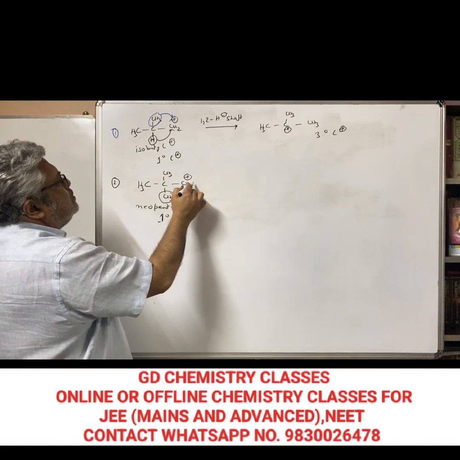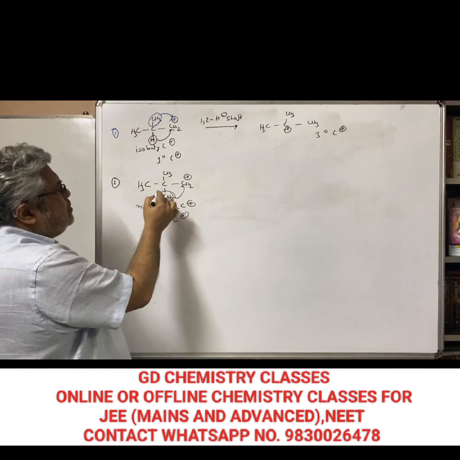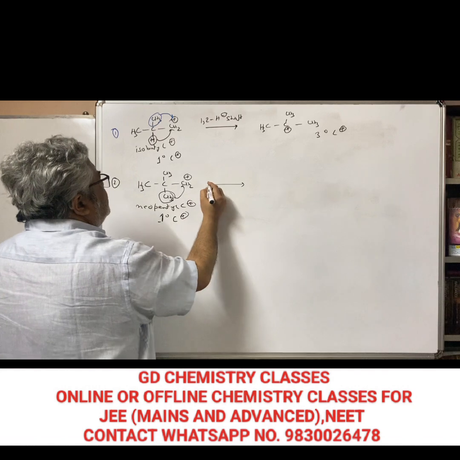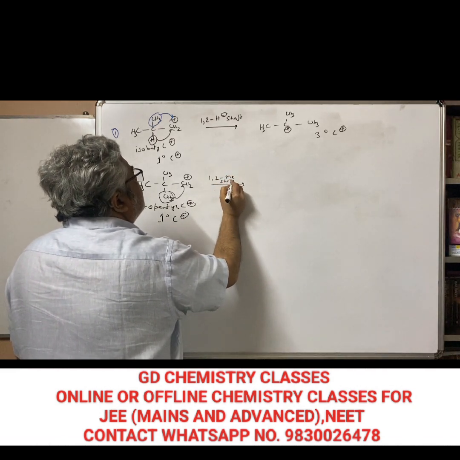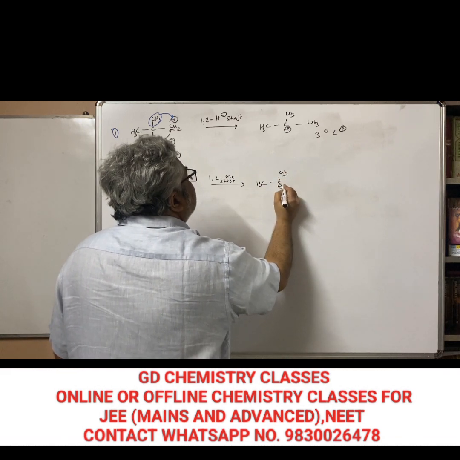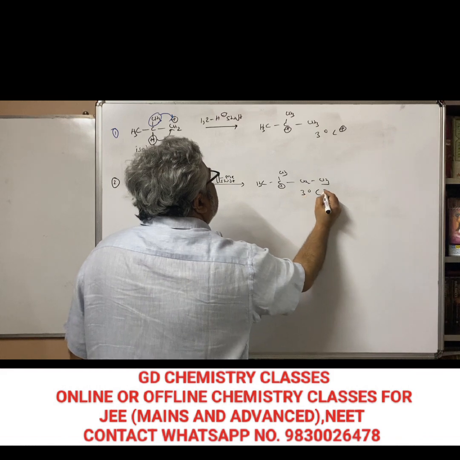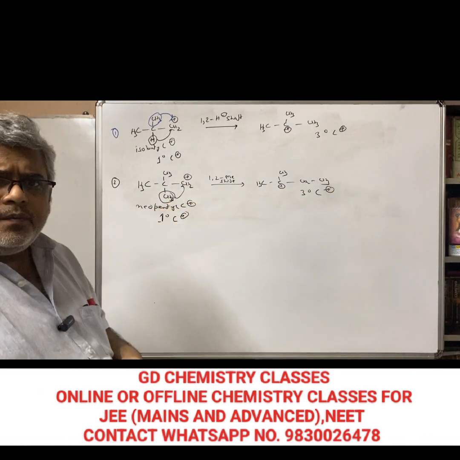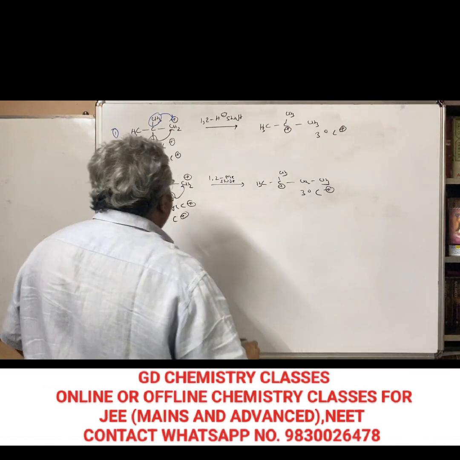This is CH2, this is CH3, and this will become positive because CH3 is jumping with its pair of electrons, so this carbon is losing its electron. Because of this 1,2 methyl shift, we'll get a 3 degree carbocation. So obviously this will occur. These are two very common, simple examples.